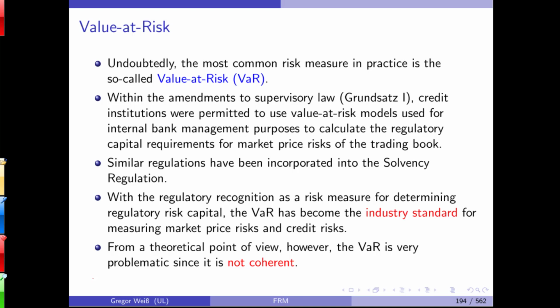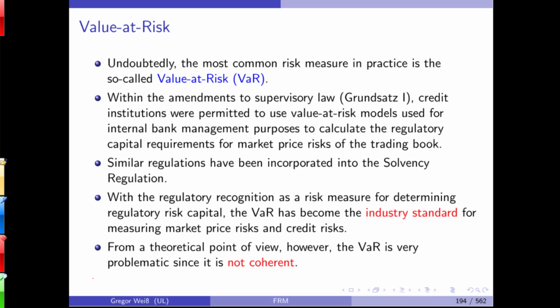JP Morgan offered in the 90s a tool called CreditMetrics, with which banks were able to estimate and forecast the credit risk in their portfolios. And in this program, you were given a figure that was called value at risk for your portfolio. And the value at risk was meant as a monetary number that tells you how much money is at risk because you're invested in this position.